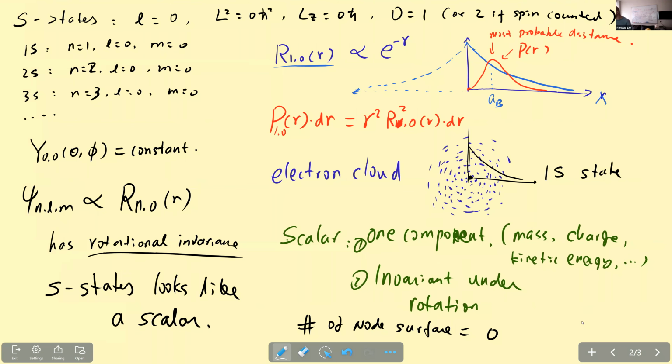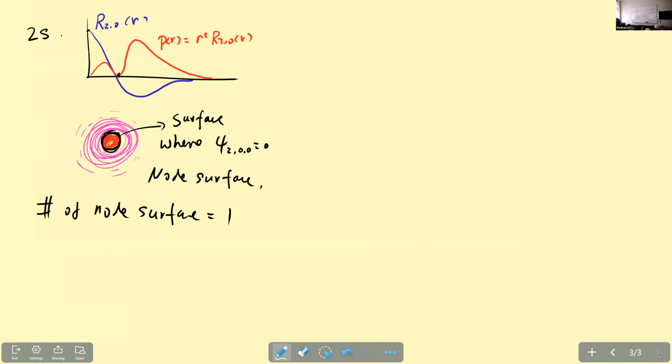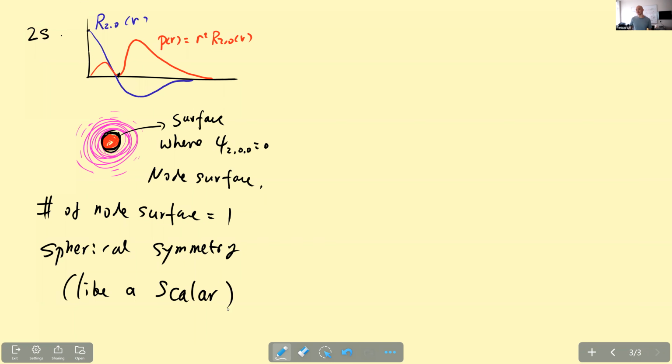So try to keep track of the number of node surfaces when you look at the state. So this is the 2s state. It also has a spherical symmetry. That means the wave function is invariant on rotation. So it's like a scalar. And all the s states actually are like scalar, okay?